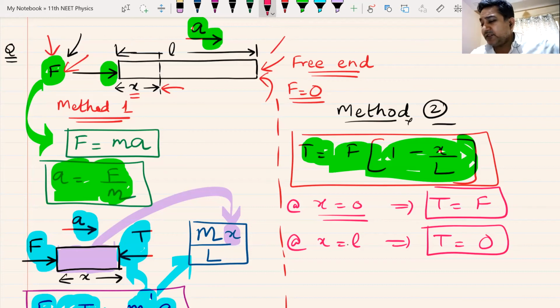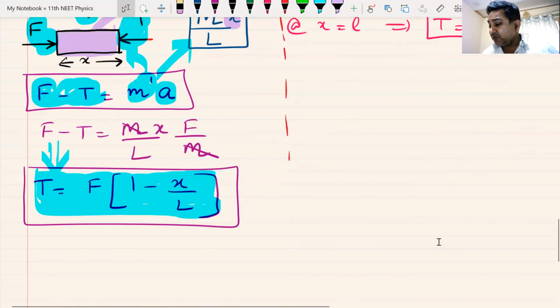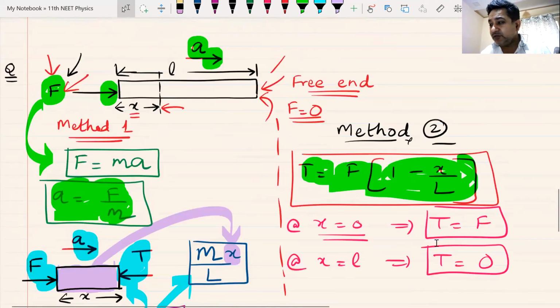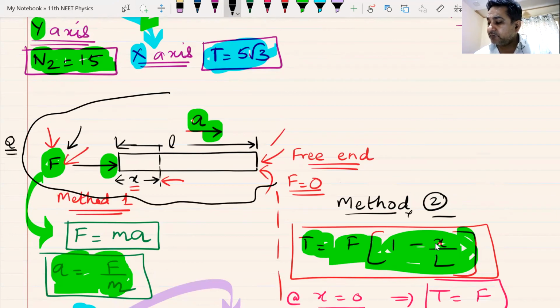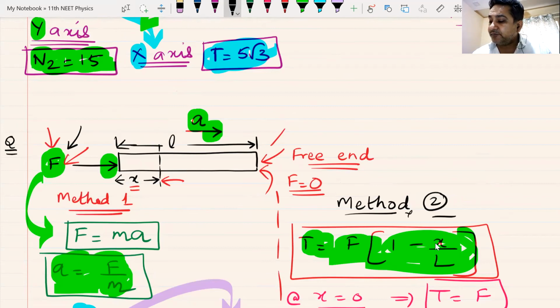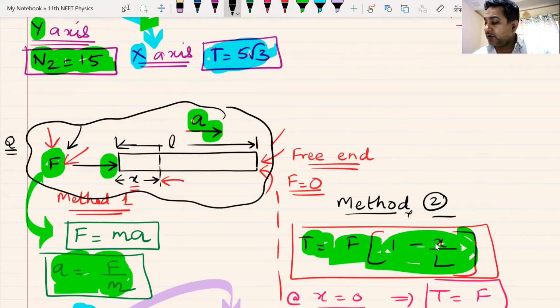You can just remember this formula. You don't have to solve the entire question. As you can see, solving the entire question will take some time. So what you got to do, you just remember this diagram. Just remember this diagram and you should be able to remember this formula.